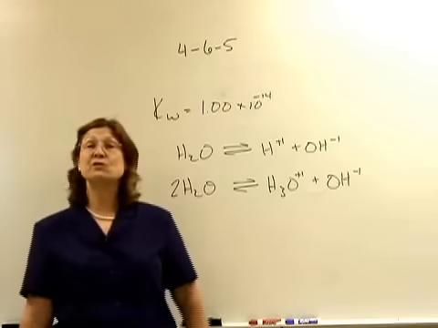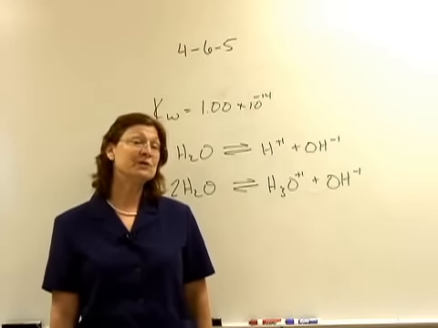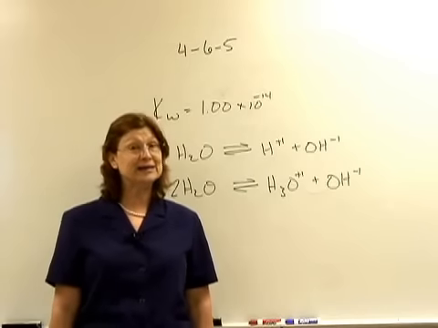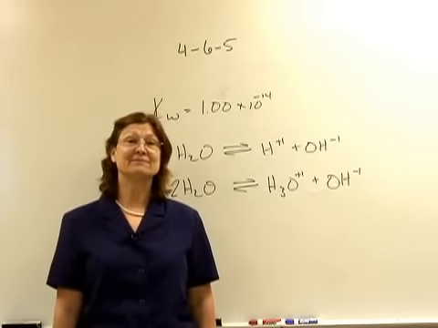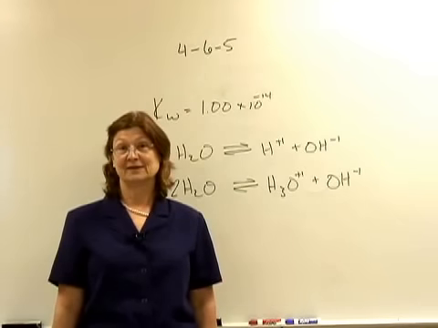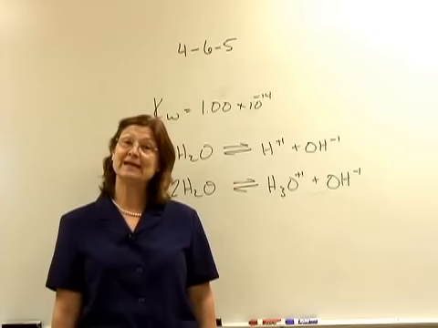And what I want you to do is have your calculator, and in your calculator, I want you to put in the number 1 exponent negative 14. Then press the log button. When you do that, you get negative 14.